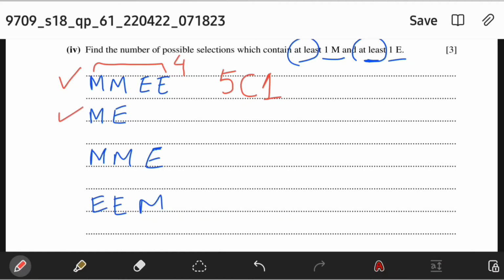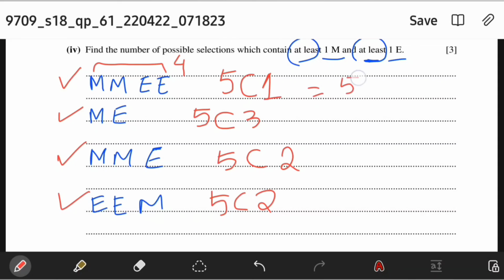And from the second one we took 1 M and 1 E, and the other M and E are removed, so that means again 5 options. We have to take 3, since we have to make a total of 5 letters. And then from the third we removed 1 E, again 5. We have to take 2 more, and same for the fourth one, which is 5C2.